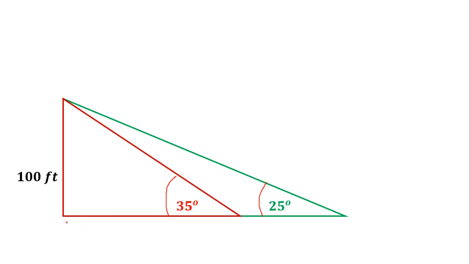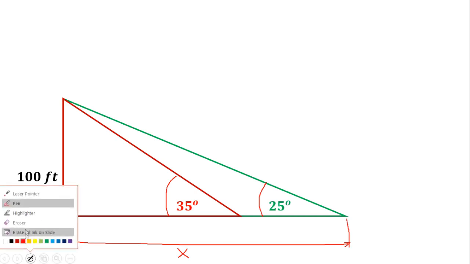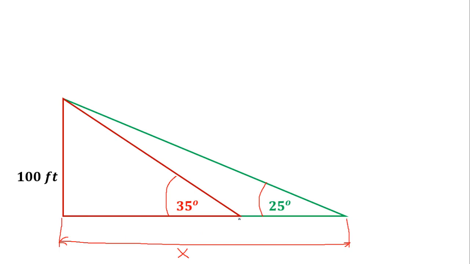So what we are going to do here is, first, find the length of this side, from this point to this point. We can name it x. And then, let us change the color, let's make it blue. From this point to this point, let's call it y.